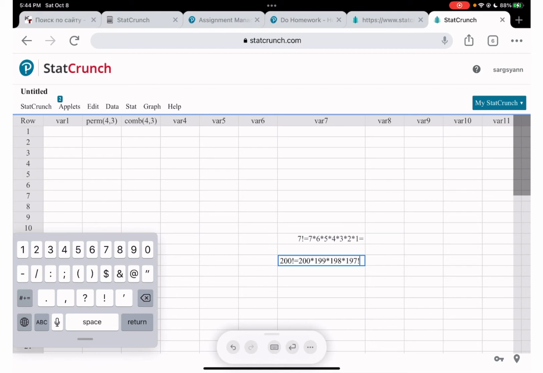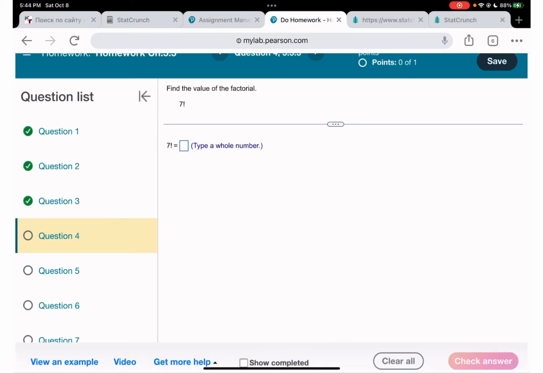So what you will have is 200 times 199 times 198, whatever gazillion big number you get, and then times 197 factorial. Okay, so let's move back here.